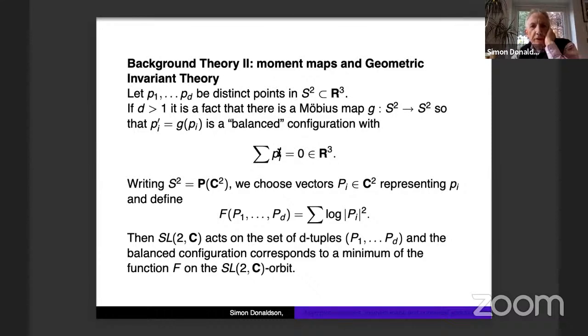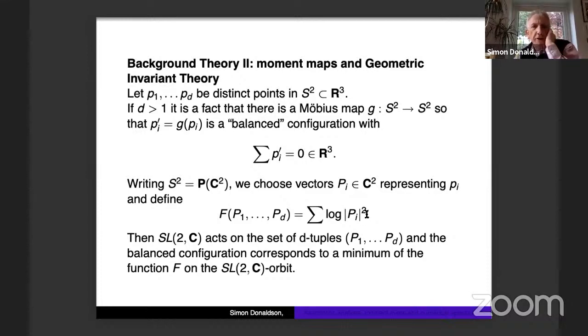So this sum of the points p_i appears as a moment map in a certain way of viewing the situation. But this is also connected to the complex geometry. If we think of S2 as CP1, the projectivization of C2, then if we choose representatives, capital P_i in C2, for these points of projective space, then we define a function given by the sum of the log of the squares of the norms of the P_i.